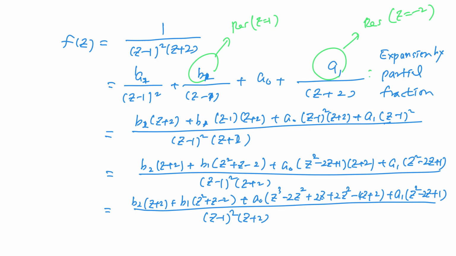So these two cancel each other. And that gives the obvious answer. There is no z cubed term, right? And we know that the numerator is 1. So we know one obvious answer: A0 should be?